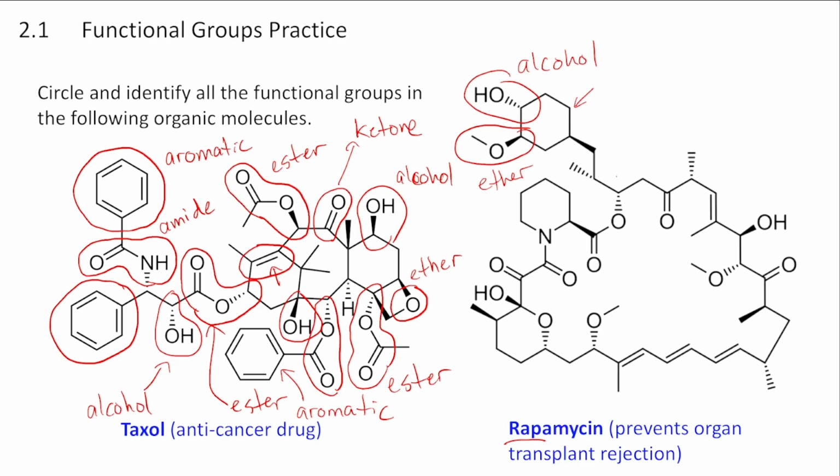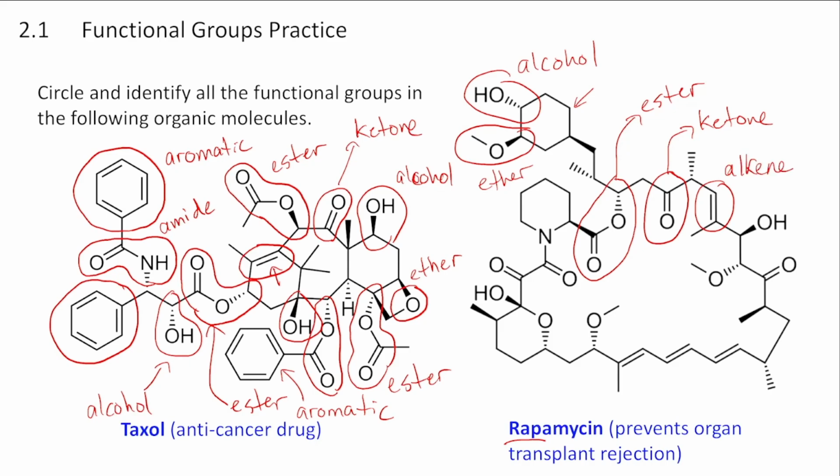Moving down, you can see that there is this group here, which is a carbonyl oxygen carbon ester. Moving to the right, we have a carbonyl group with carbons on both sides, which is a ketone. Moving along, we have a carbon-carbon double bond, which is an alkene. Keep going, we have an OH, which is an alcohol.